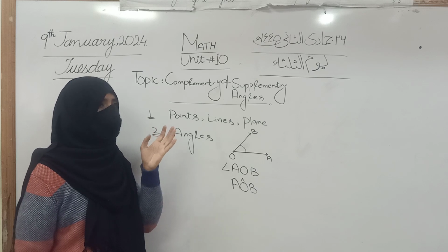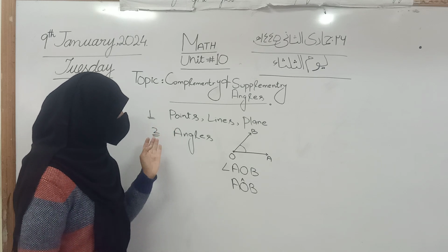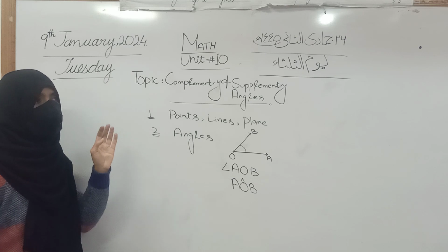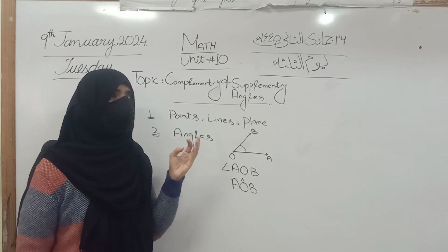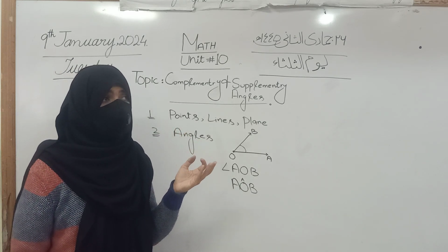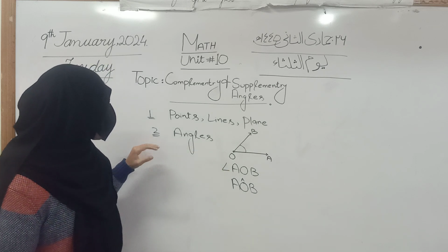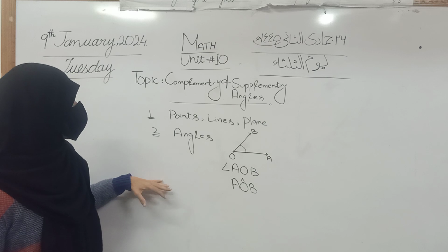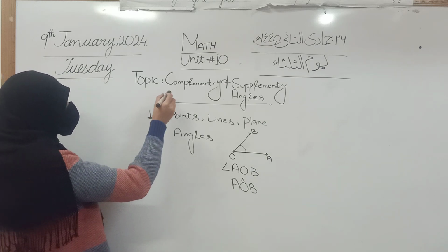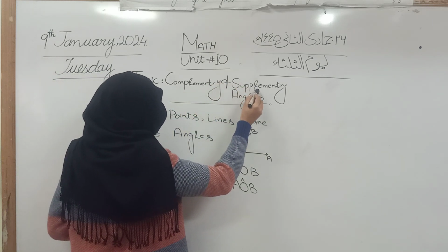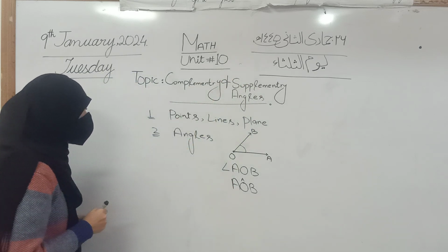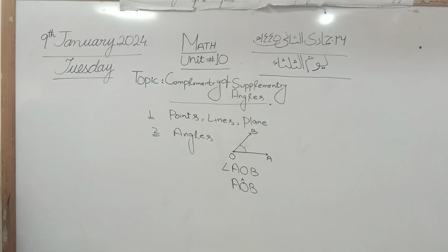I have given you homework to differentiate between these angles, what acute, obtuse, right and reflex angles are. Now after discussing all these things, we will move forward towards complementary and supplementary angles.